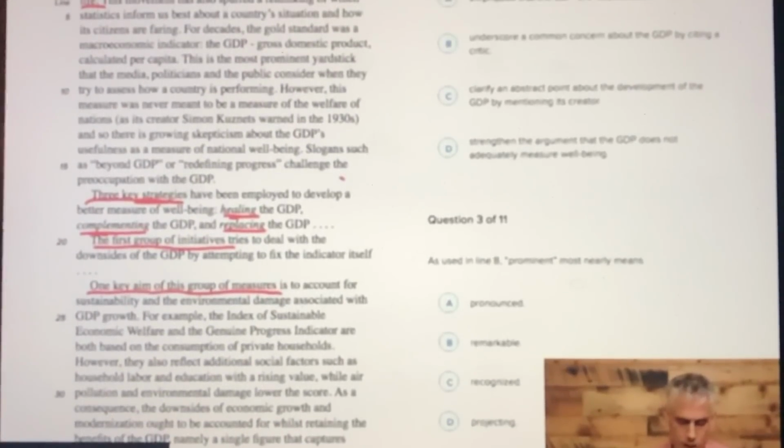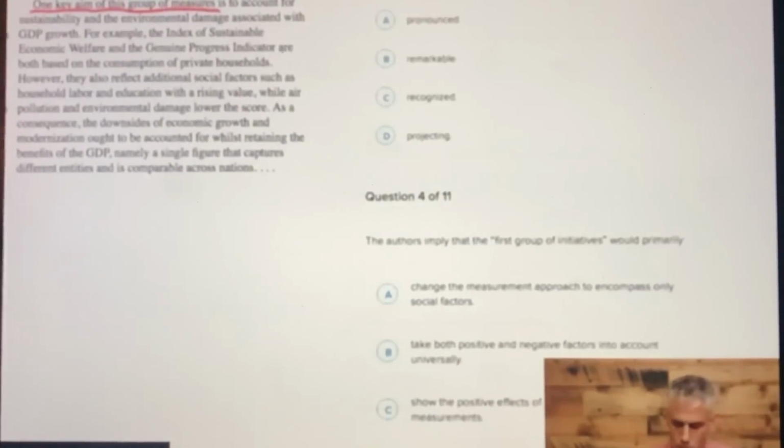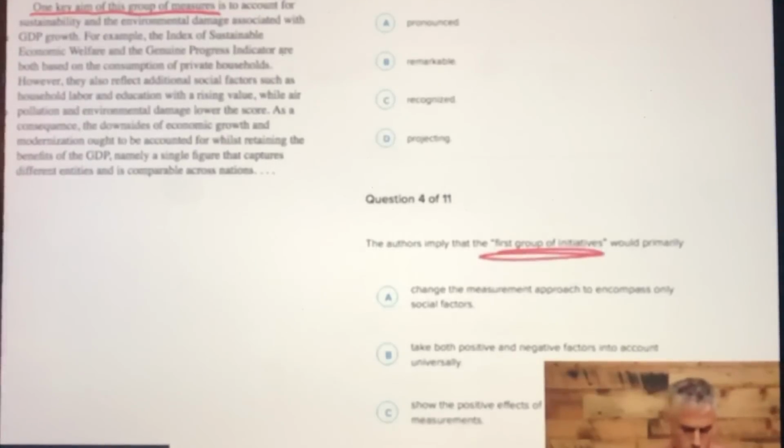There's "prominent" used in line 8. I'm going to find the word prominent, maybe circle it. And then, first group of initiatives, I can maybe look for this, but we could also do that later. I've already underlined that, but there it is, first group of initiatives.